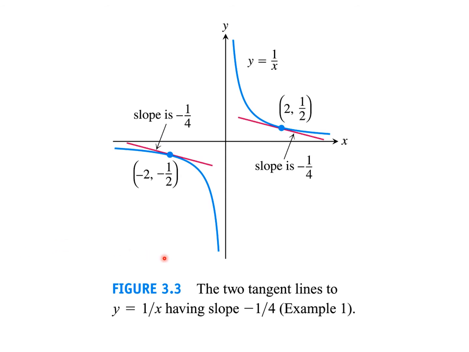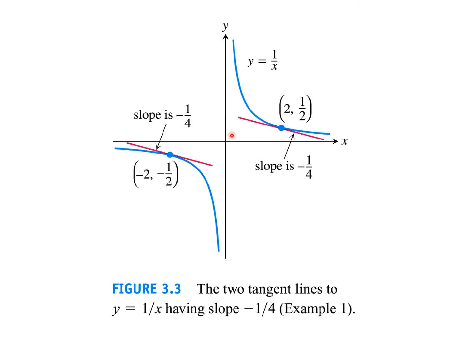This figure pretty much shows the answers that we went through. Basically, this is the curve for y equals 1 over x, and this is the other image of it because it is an odd function. So this is just like an image of it if we assume this as an object. Now, one of the questions was to find the values of x for which the slope is -1 over 4, and we solved that problem and found that x could be either -2 or +2.